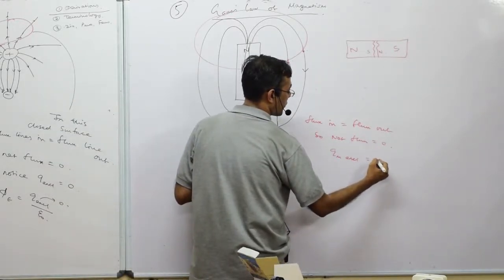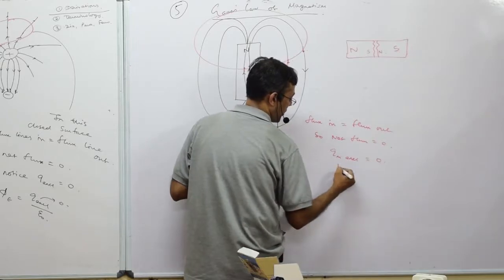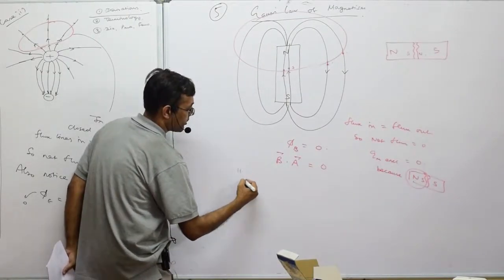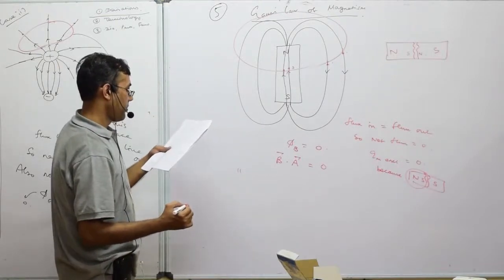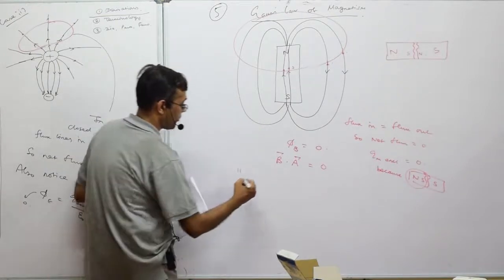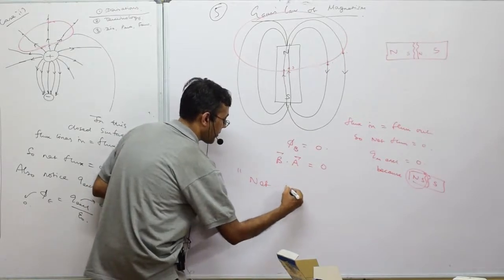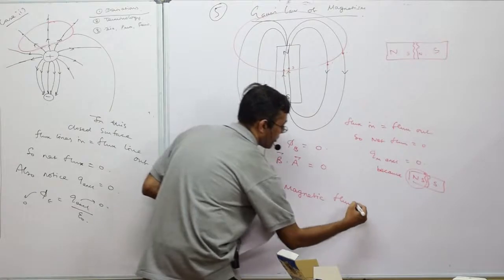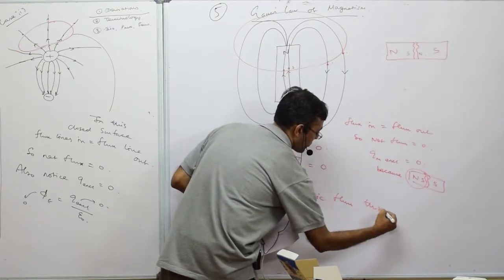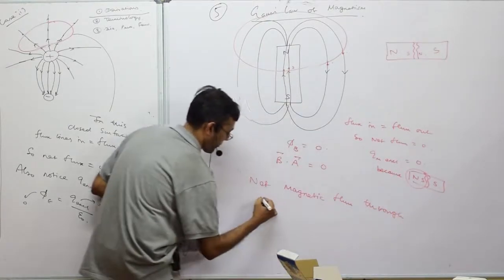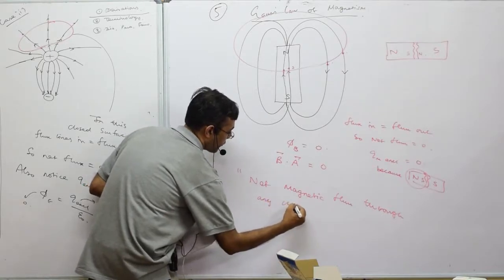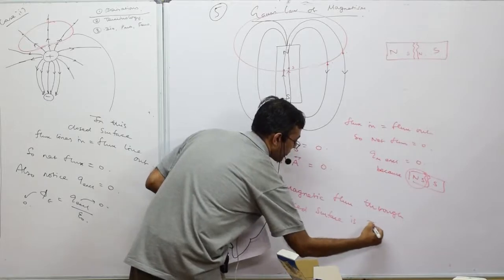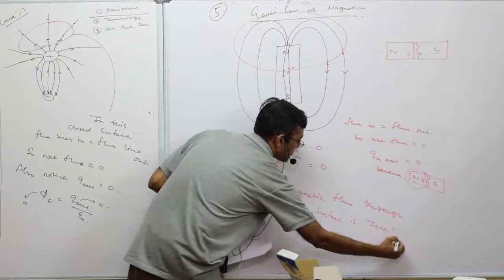So Q enclosed is also 0, because Gauss law of magnetism says that net magnetic flux through any closed surface is 0.